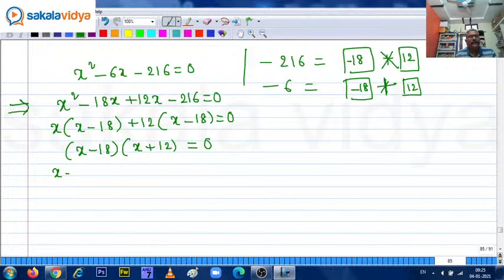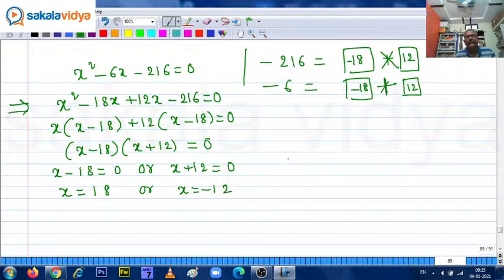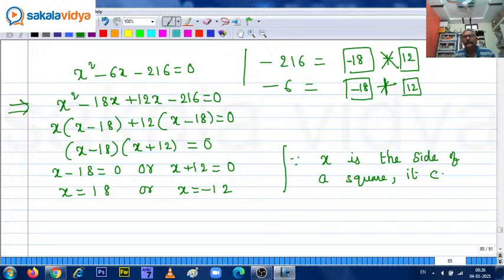So we have x minus 18 equals 0 or x plus 12 equals 0. Now what do you get? x is equal to 18 or x is equal to negative 12. What does x stand for? x is the side of a square, so it cannot be negative.